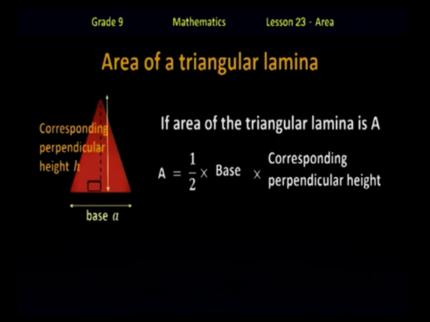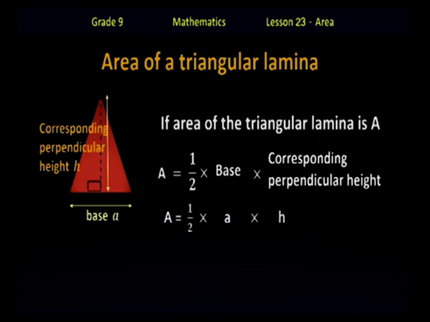Can you remember it? You made many questions and wrote answers. You found the area of triangles. Using this method, the area of a triangle is equal to half into base into corresponding perpendicular height. Now we can represent them using symbols.